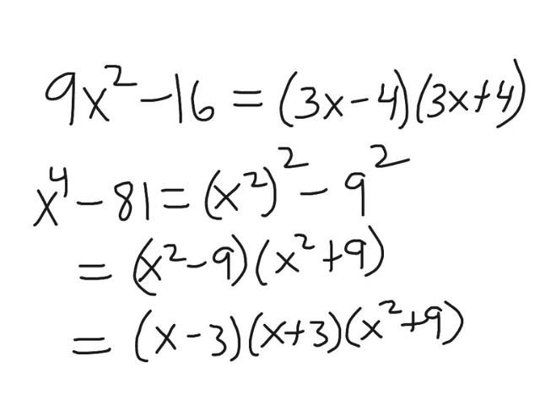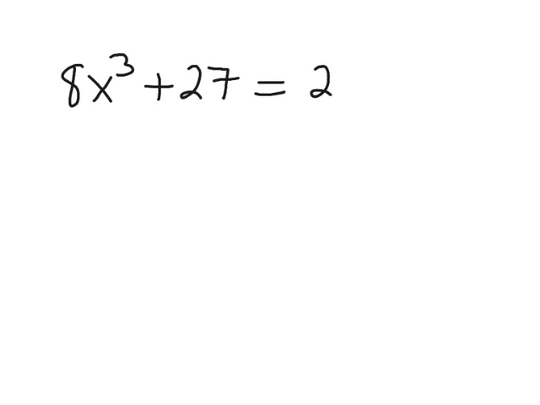Alright, let me finish with one example of the cubes formulas. These are going to look something like 8x cubed plus 27. And what you need to notice is that 8 happens to be 2 cubed, so this one is 2x, whole thing cubed, and 27 happens to be 3 cubed.